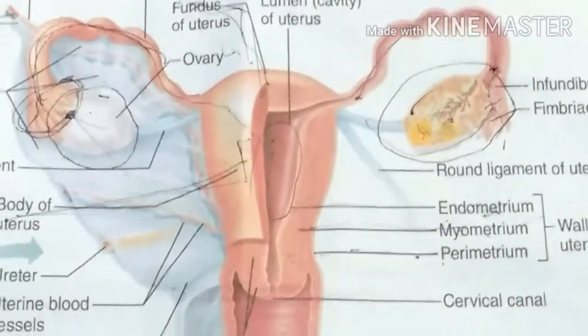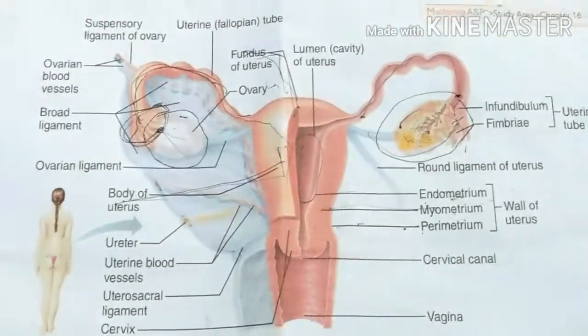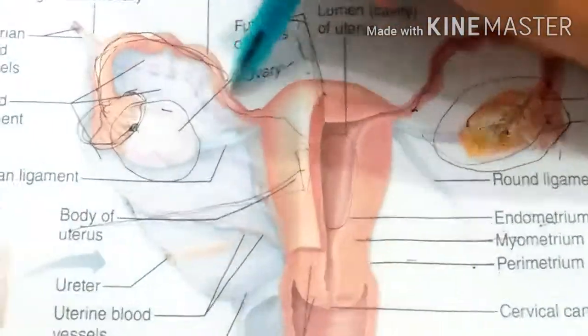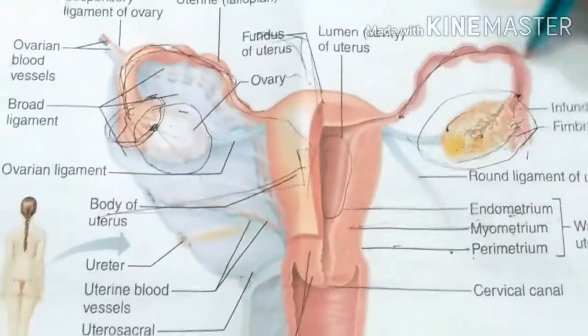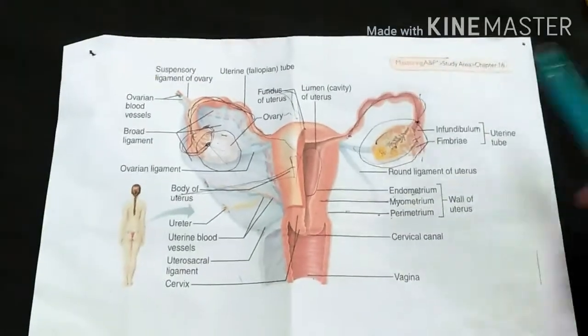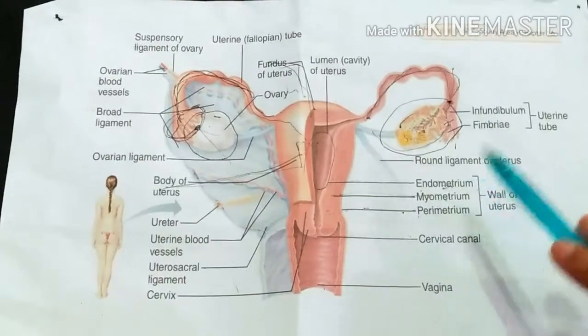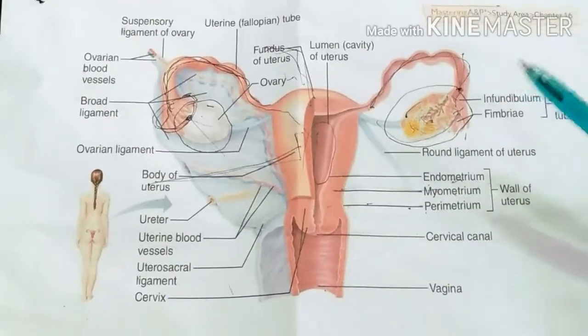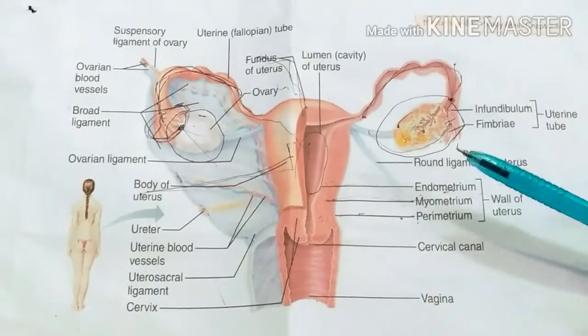So, the second is the fallopian tube. This is the fallopian tube. The fallopian tube is about 10 centimeters long and begins as funnel-shaped passages next to the ovary. They have a number of finger projections known as the fimbriae.